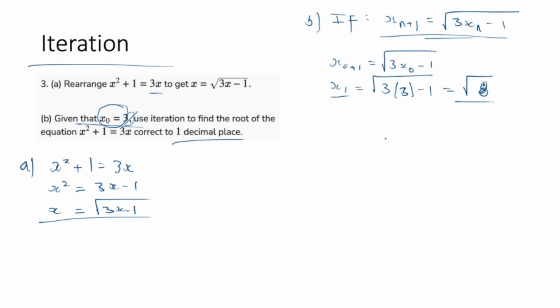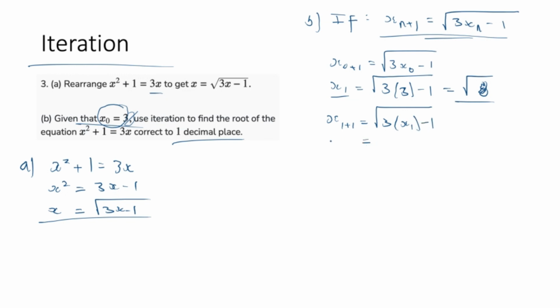Now we have a first answer here, x1. What we're going to do is use this new answer and plug it back into the iteration formula. So x2 is equal to the square root of 3 times x1 minus 1.